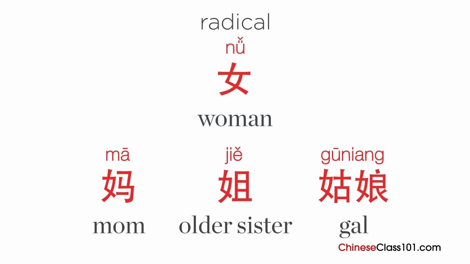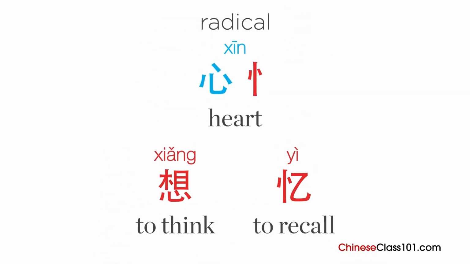It's in words like 妈, mom, 姐, older sister, 姑娘, girl. 心 or its variation means heart, 想, to think, 意, to recall.